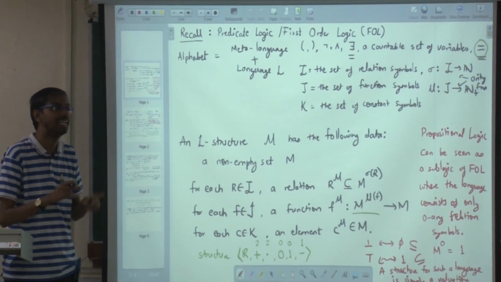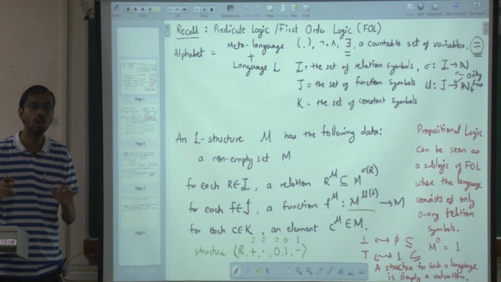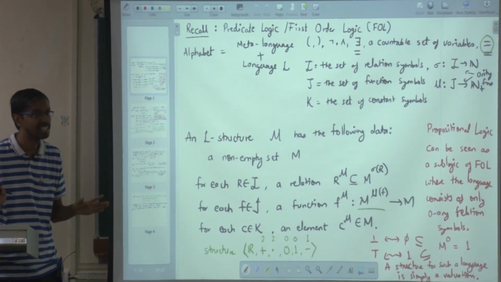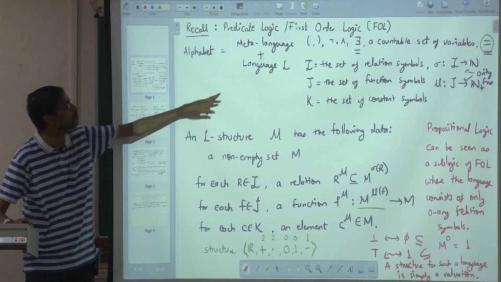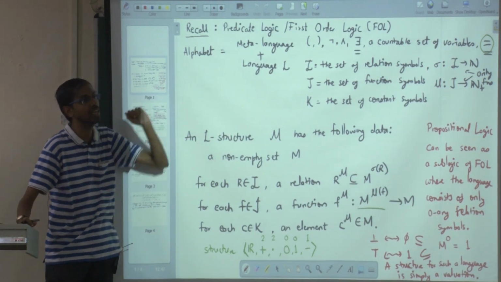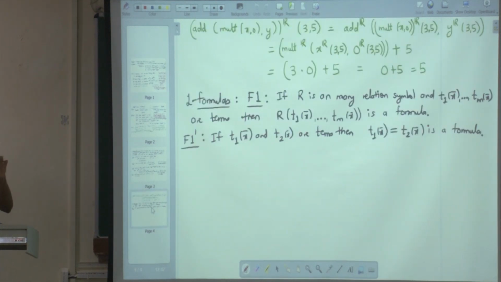Equality is always the diagonal relation, the pairs a comma a. So there is no choice involved. That's why we do not want to treat it as a flexible symbol of the language, but as a fixed symbol of the meta language. There is no variability. That's why F1 prime is separate from F1.